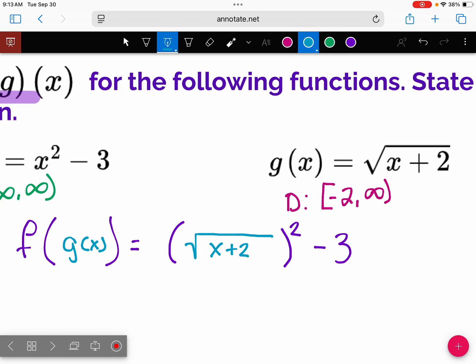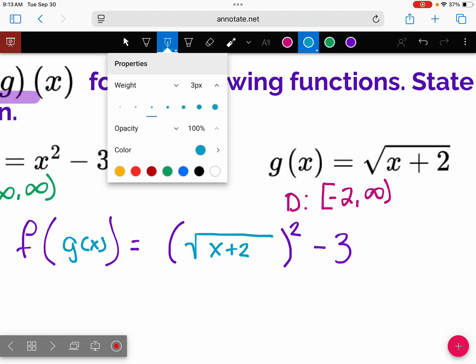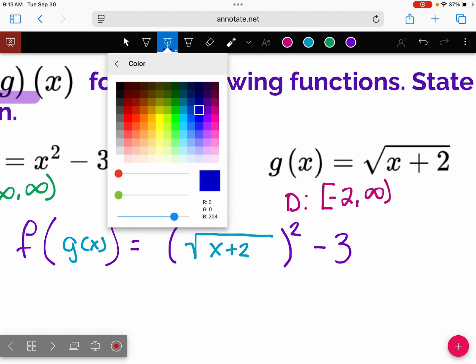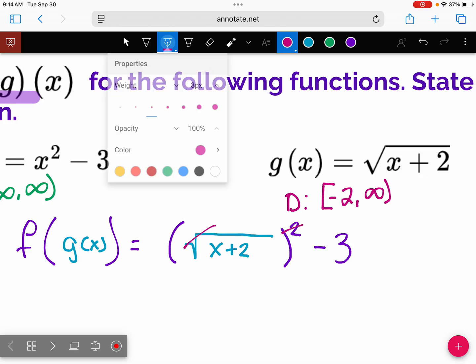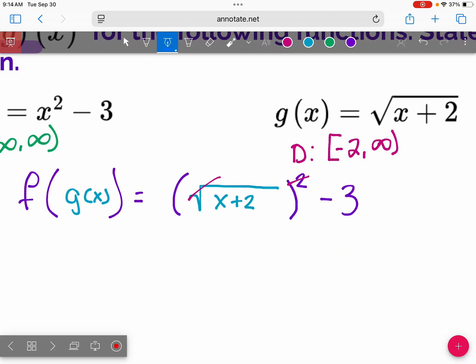How can I simplify this? Because the square and the square root cancel each other out. I have squared a perfect square root. So this is the exact same thing as if I had just x plus 2 minus 3.